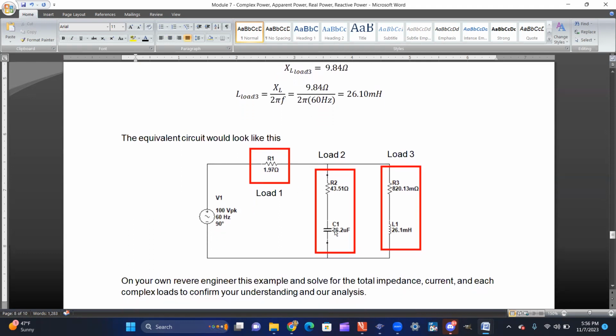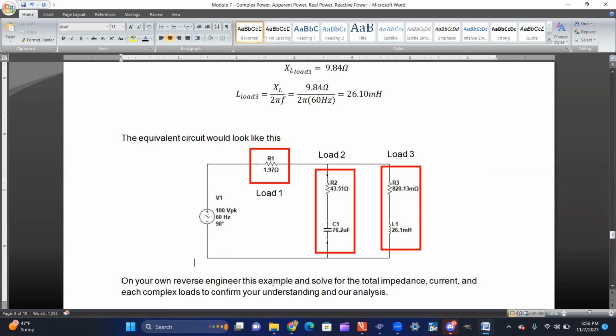So what I encourage you to do is to reverse engineer this example and solve for the total impedance, current, and the complex loads to confirm your understanding in our analysis.